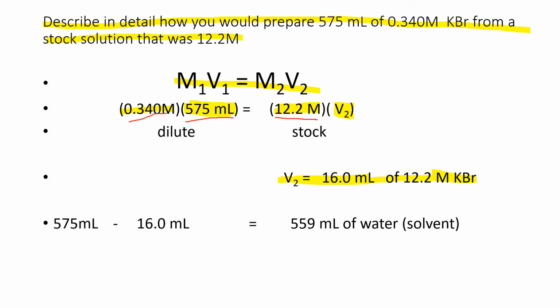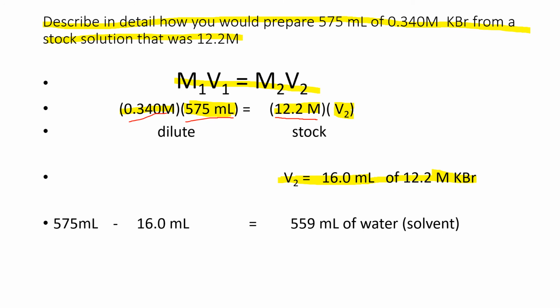Now that doesn't fully answer the question yet. The problem says, describe in detail. Well, there's still another part. Whenever you do a dilution, it's always the combination of some amount of a stock solution with some amount of the solvent. In this case, our solvent would be water. Well, how do we figure out how much water we need? Here we use the idea that the volume of that final diluted solution is additive of the different things that went into creating it.